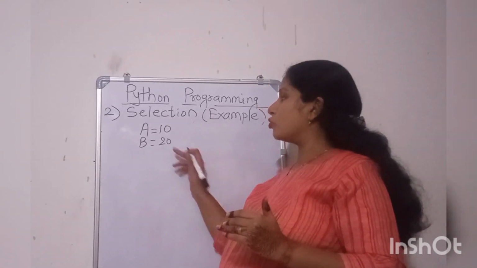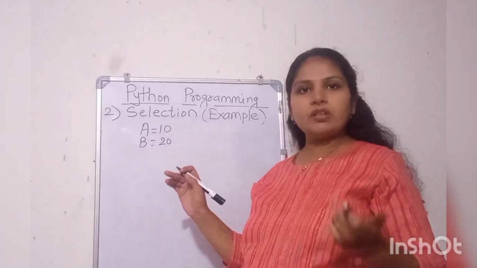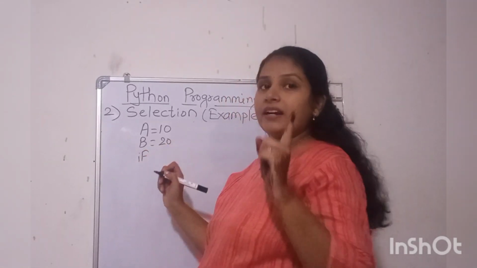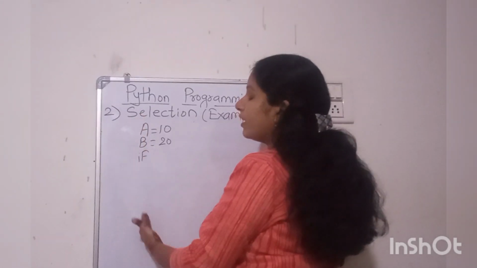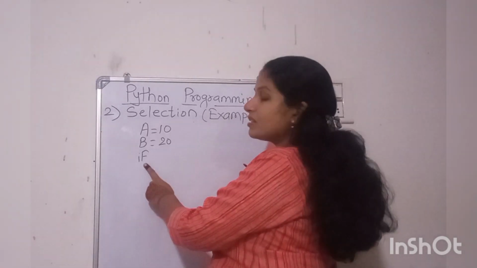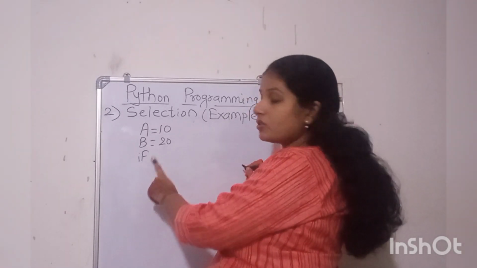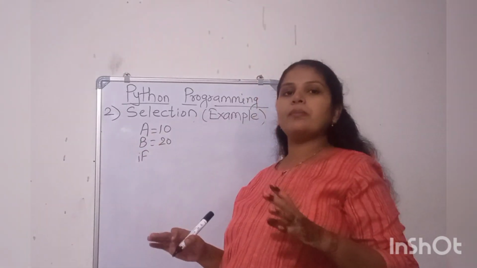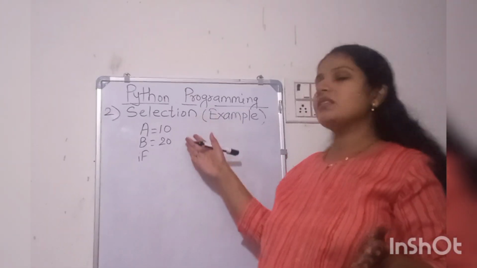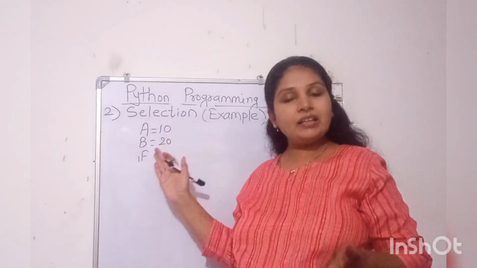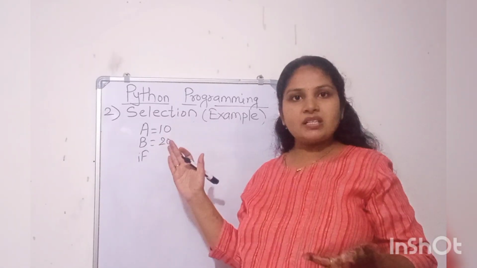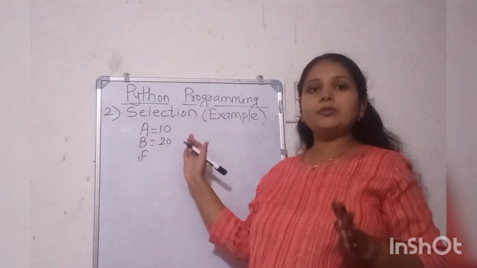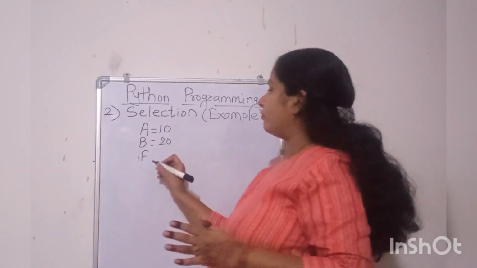So if is the keyword. Let's pay attention to where I start the statement, because that matters a lot. I am checking which number is greater. Numbers are given in the program, so you can tell easily which is greater, but still I will explain this using the if condition.